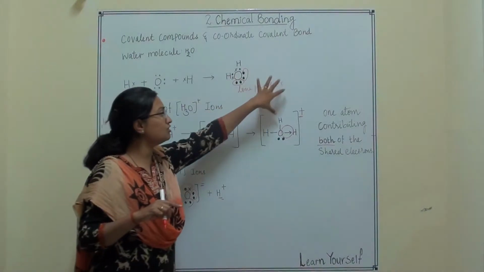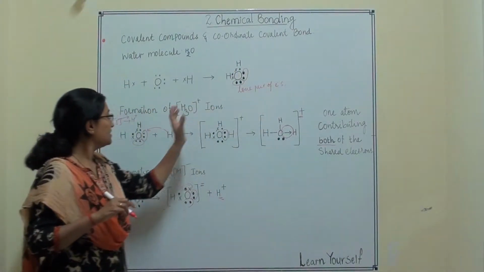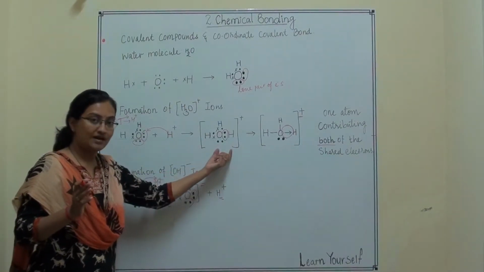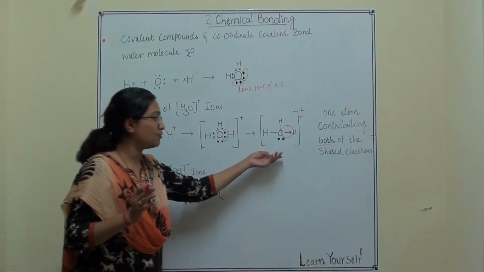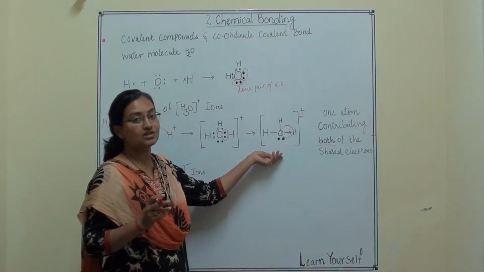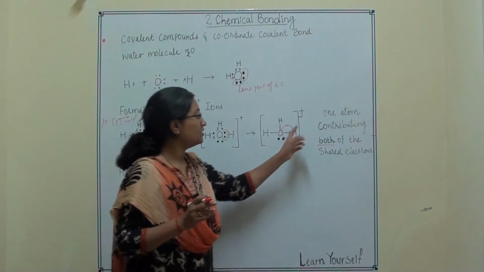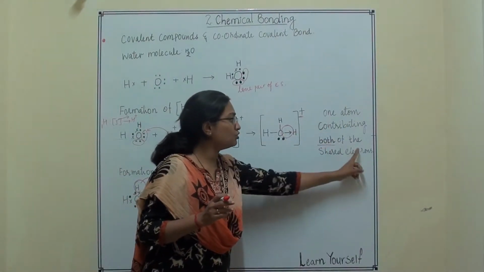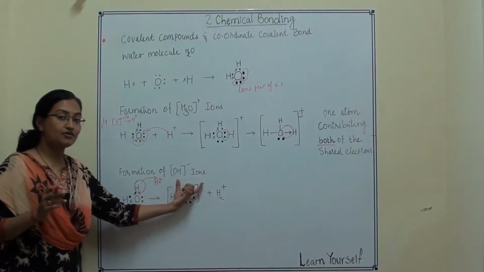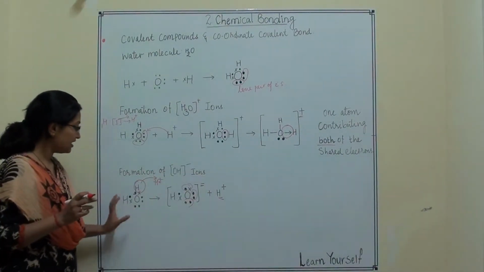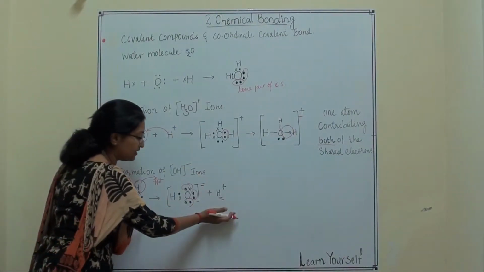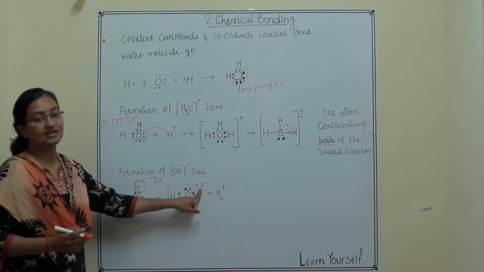Then, because the lone pairs are there, H plus will be attracted towards the unused lone pair, and they form the hydronium ion, H3O plus, and this is known as a coordinate covalent bond, where one atom contributes both of the shared electrons. Then the formation of the hydroxyl ion: from the water molecule, the H plus ion is separated, leaving behind the negative charge.